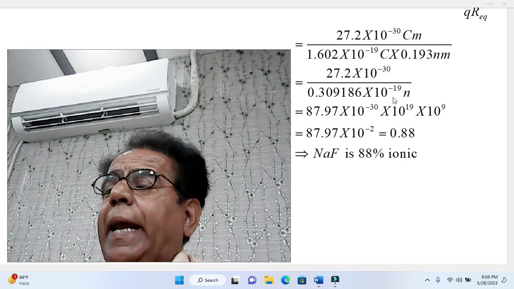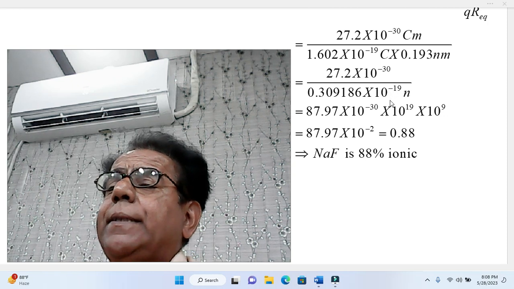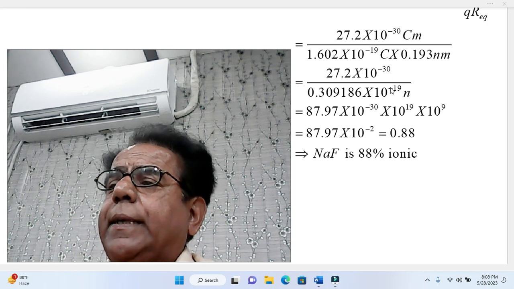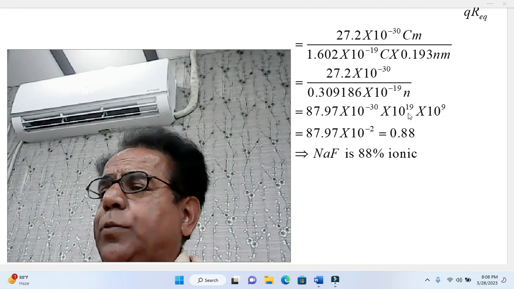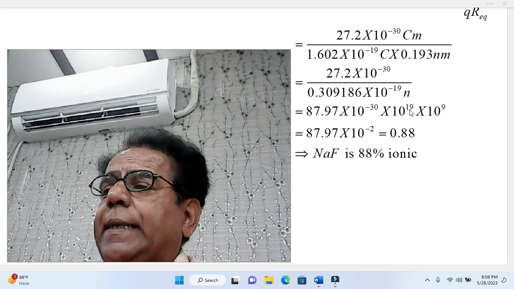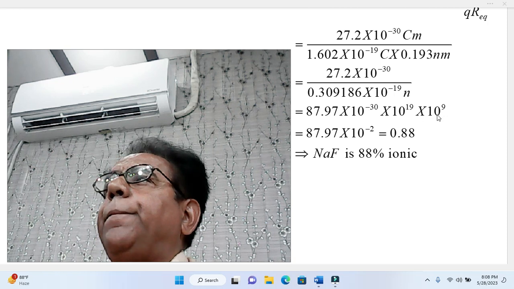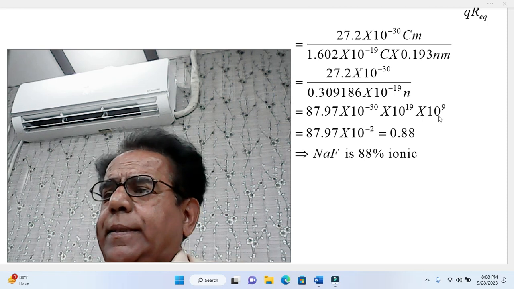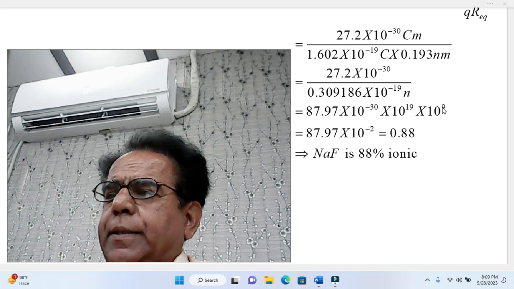This 10 raised to the power minus 19 is in the denominator, so we can shift it into the numerator, and after being shifted its sign will become positive. So 10 to the power minus 30 into 10 to the power plus 19 into 10 to the power 9, because nano is 10 raised to the power minus 9.